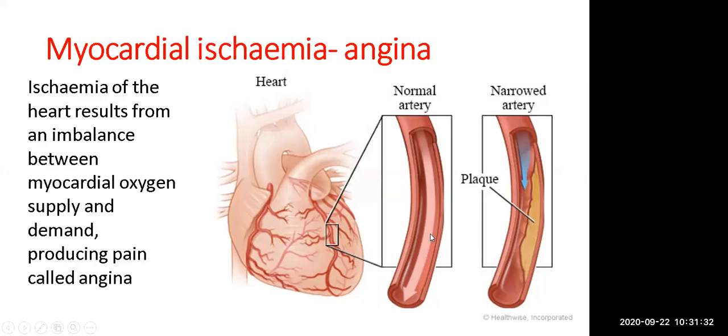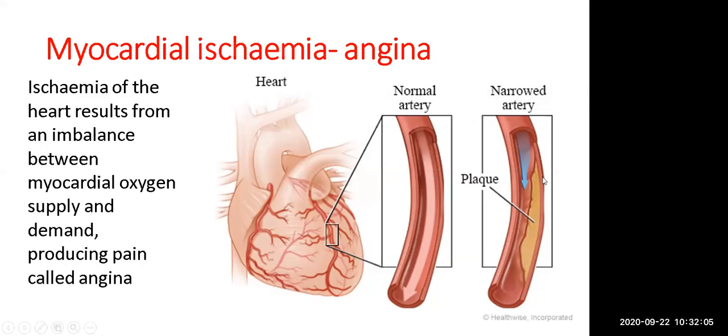And if you remember, arteries consist of layers, and the innermost layer is the intima. It should be very soft, with nothing in the way of the blood flow. But when something happens to the layers, like atherosclerosis, atherosclerosis is the most common etiology of angina.